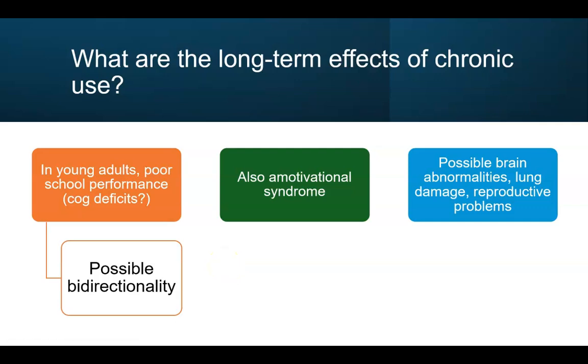Now, from a neuropsychological issue, we know that there are potential brain abnormalities, alterations in temporal lobe structures like the hippocampus, although it's kind of iffy. Some researchers have found abnormalities in areas like the anterior cingulate cortex. Additionally, there is lung damage. One of the things that I was going to mention is that lung damage is very possible because of the high smoking amount.